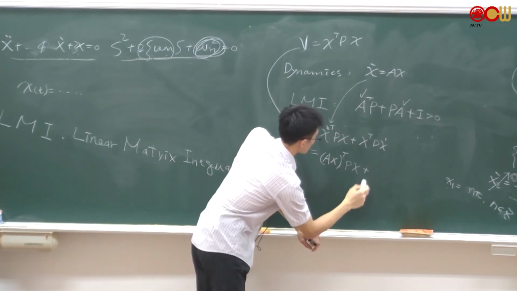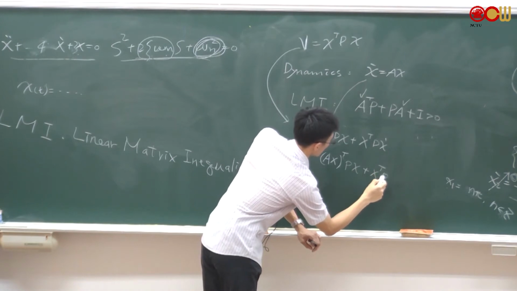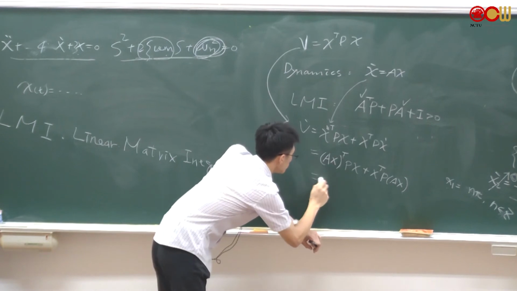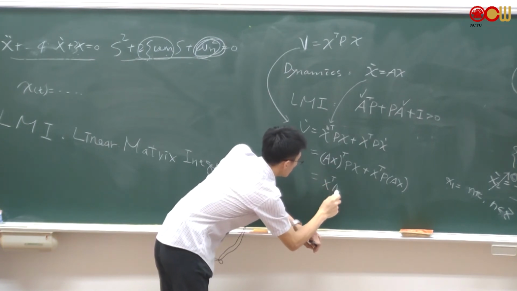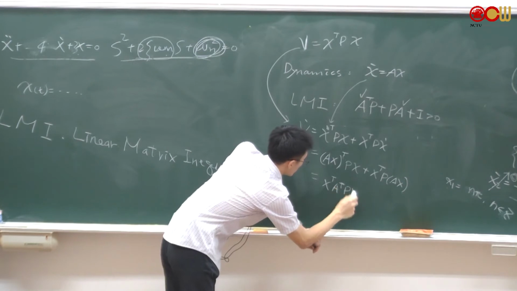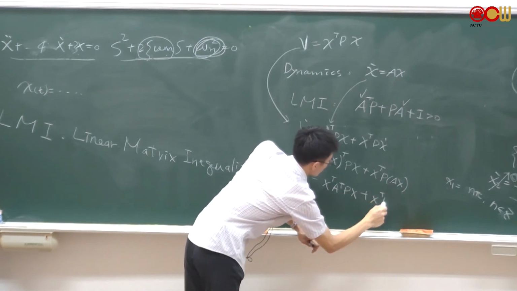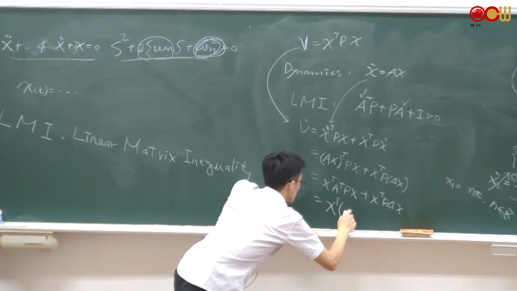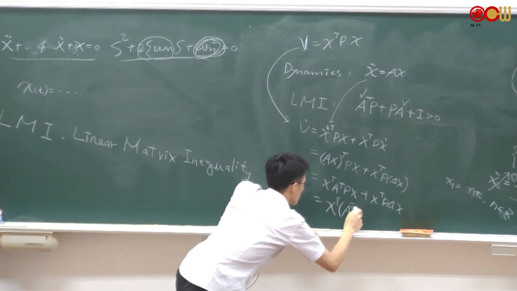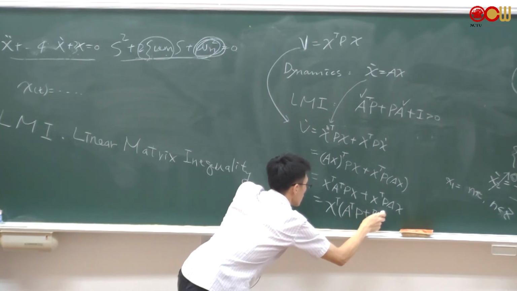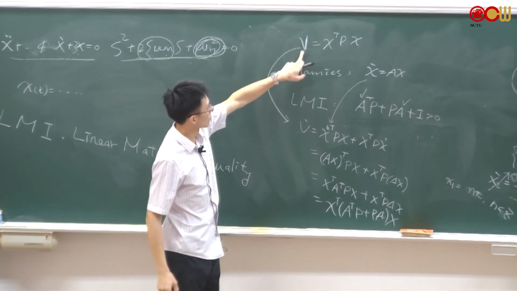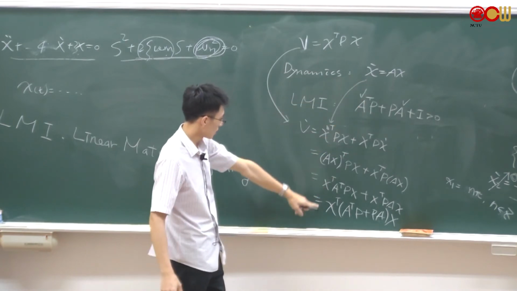So V dot is x dot transpose P x plus x transpose P x dot, which is x transpose A transpose P x plus x transpose P A x. That equals x transpose (A transpose P plus P A) x. You take the time derivative and substitute the dynamics, and you get this.